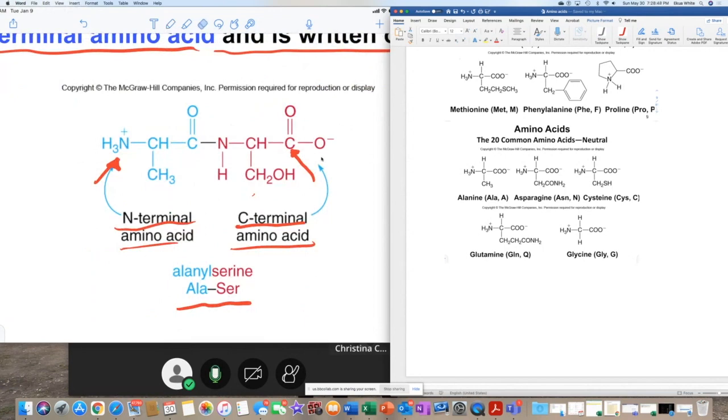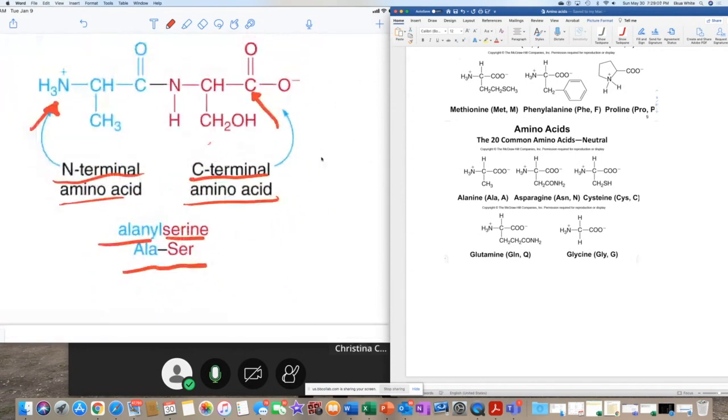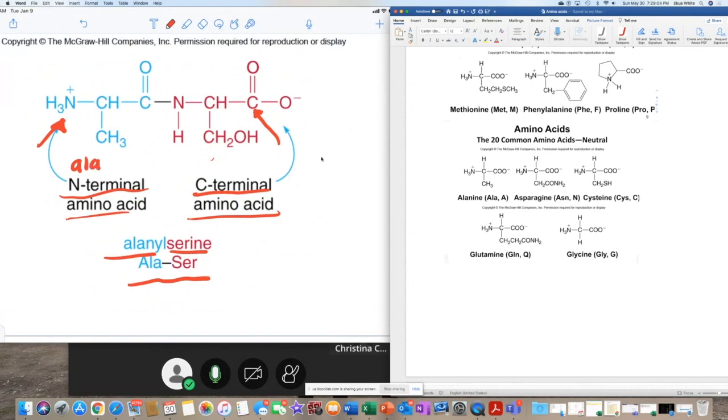So as far as naming this dipeptide, if they use the full name, it's alanylserine. If you notice, the original name of this is alanine, with -ine as a suffix, and this one here is serine. But if you're naming it as a dipeptide, you take alanine and replace the -ine with -yl, kind of like the methyl group.